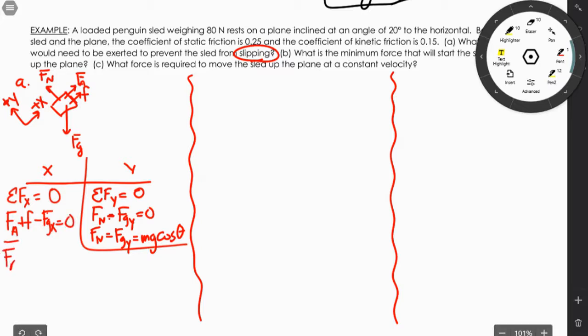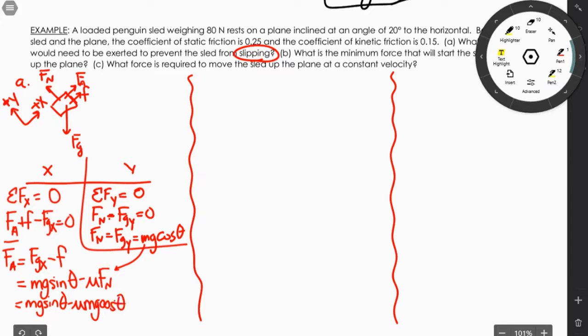So Fa is going to equal Fgx minus friction. Fgx is mg sine theta. F is mu Fn, but I figured out mu Fn was mg cosine theta. So it's going to be mg sine theta minus mu mg cosine theta.